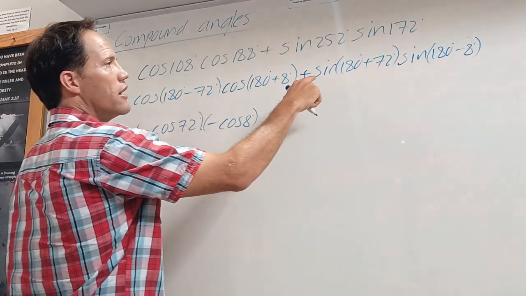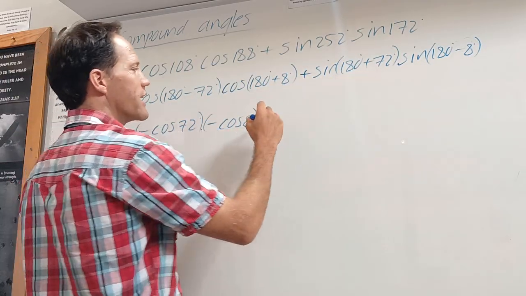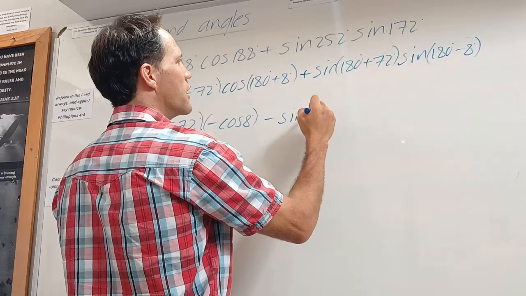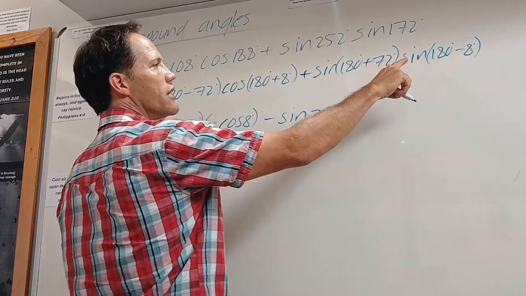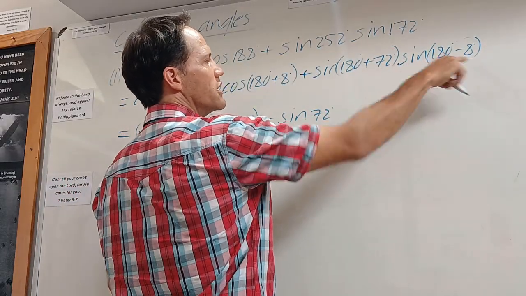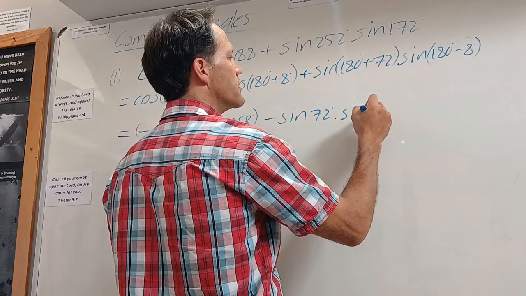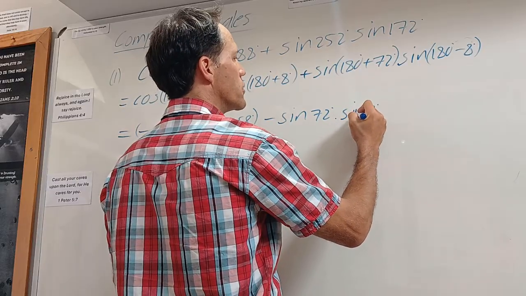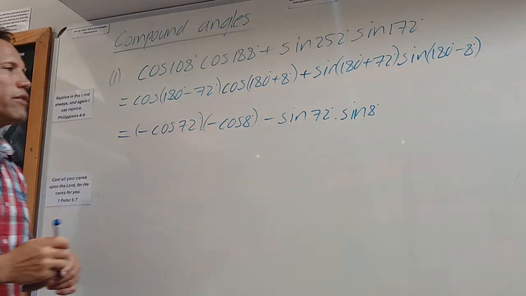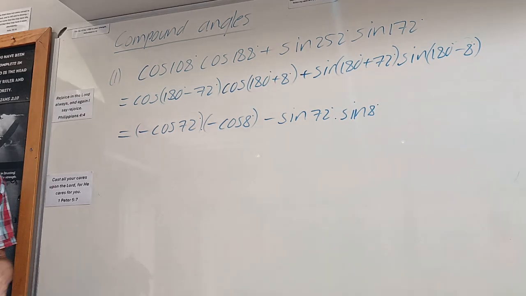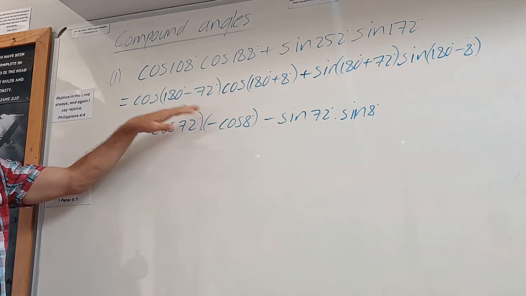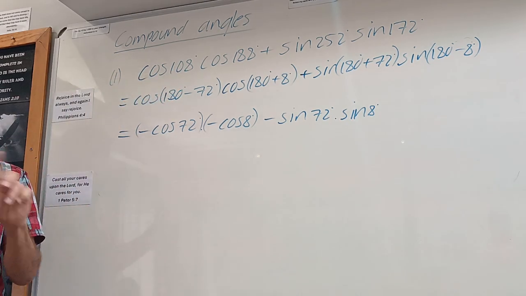And then here, sine in the third quadrant is negative, so it becomes negative sine 72. And then in the second quadrant, sine is positive, so it stays sine 8. It stays positive. So there we wrote it as smaller angles after using those rules of where they are positive and where they are negative.